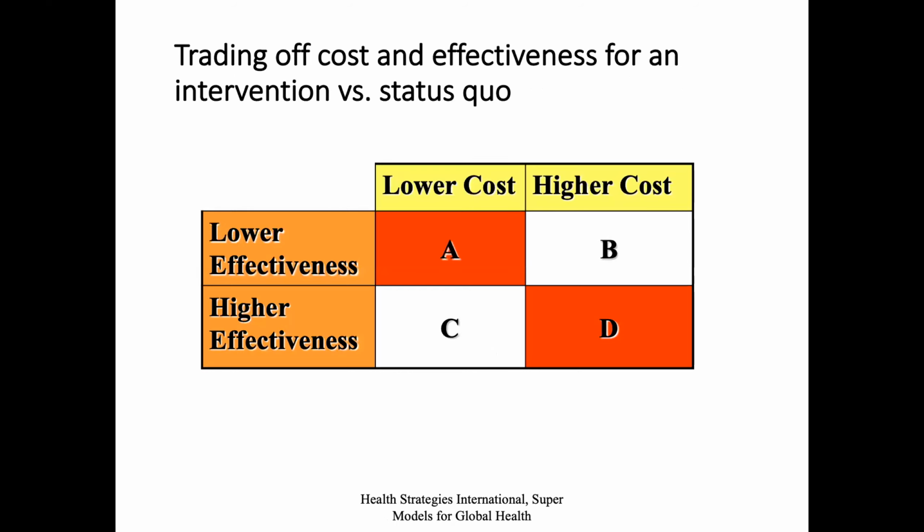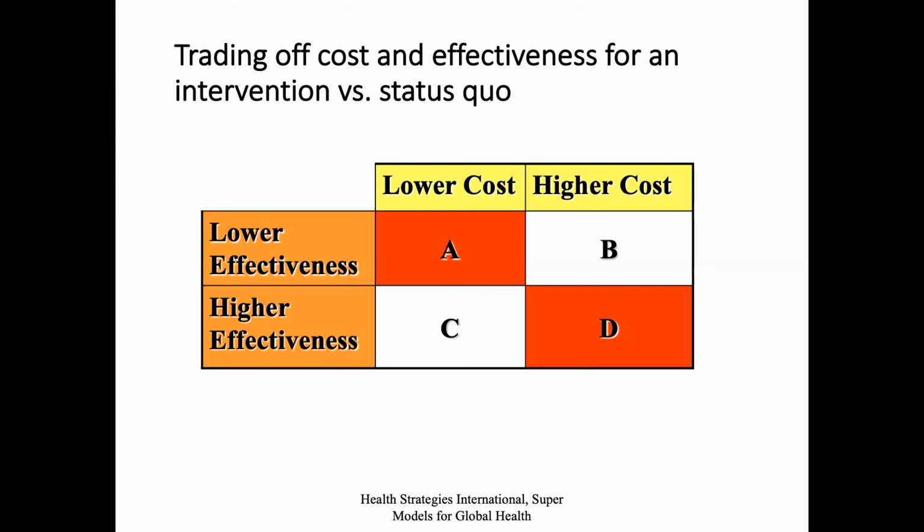When we think about comparing or trading off cost and effectiveness, it's useful to look at a 2x2 grid. In this grid, the rows are lower effectiveness and higher effectiveness. The columns are lower and higher cost. So two interventions have this relationship, or it could be an intervention versus the status quo.